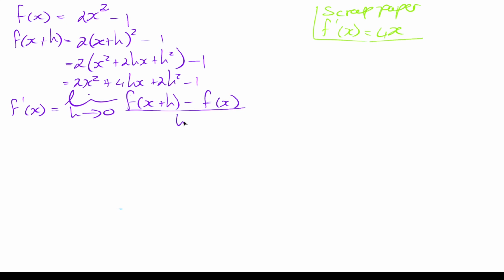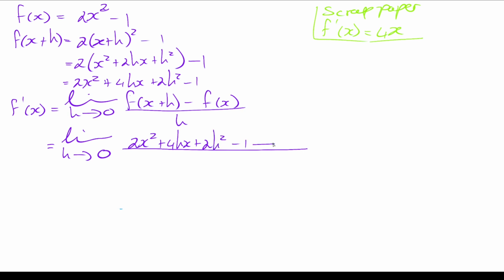Let me just double check that quickly for you. Substitution, it doesn't look like you're getting marks for using the formula, but I'm just kind of suspicious. Just do it. Like, don't give them reasons to deduct marks. 2x squared plus 4hx plus 2h squared minus 1 minus my original function, 2x squared minus 1, over h.